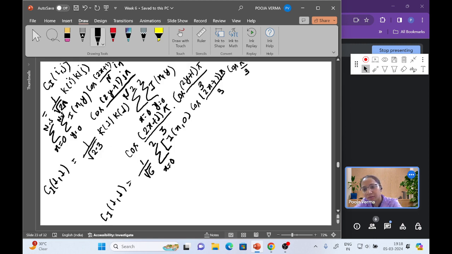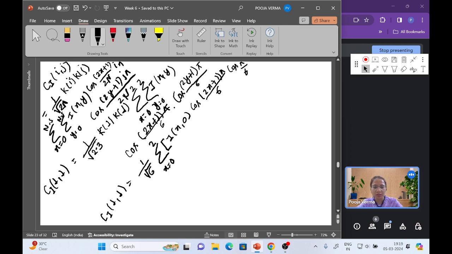But here the value will be 6, 2n, so that will be 6. Writing it correctly, that is 6, 6, 6 and 6.